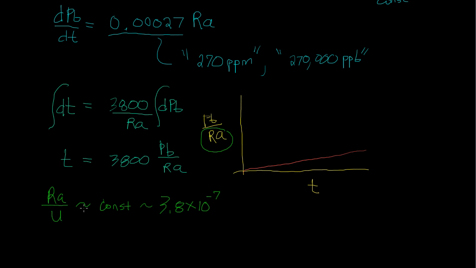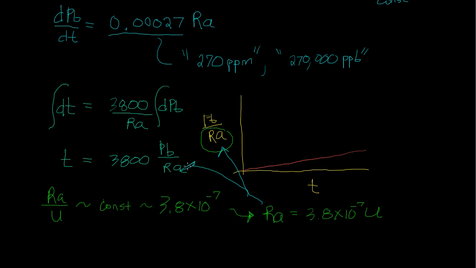So he said, okay, then I can just use uranium as a proxy for radium because it's easy to measure. So I can say that the amount of radium is going to equal 3.8 times 10 to the minus 7th times the amount of uranium, and I'll just plug that value right in there.